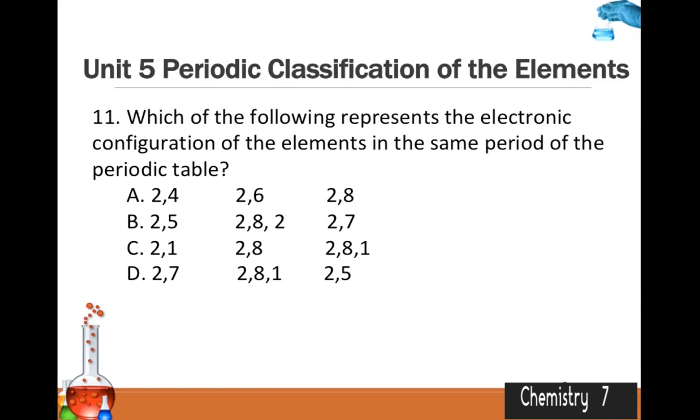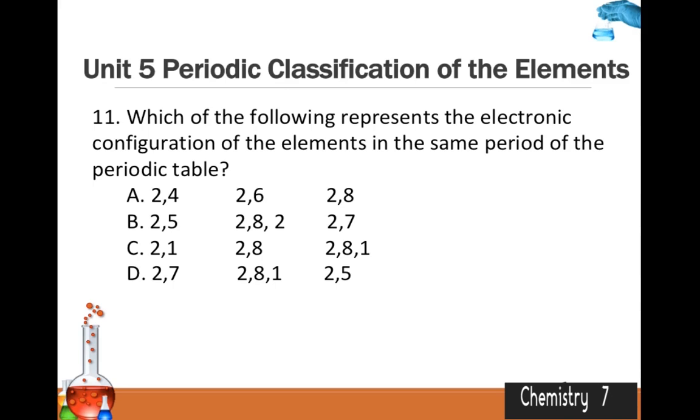Which of the following represents the electronic configuration of the elements in the same period of the periodic table? A, 2, 4, 2, 6, and 2, 8. B, 2, 5, 2, 8, 2, or 2, 7. C, 2, 1, 2, 8, or 2, 8, 1.